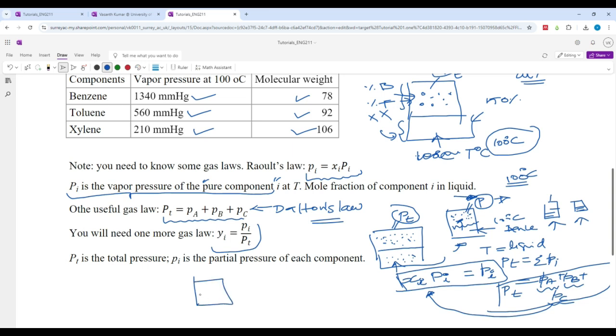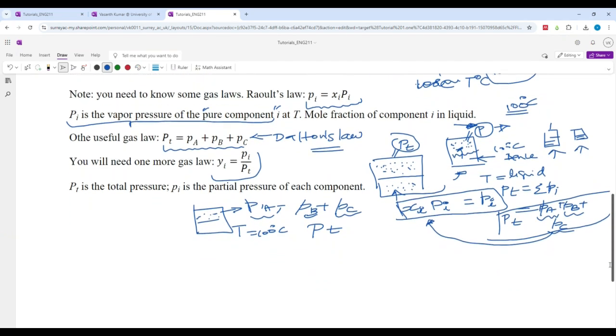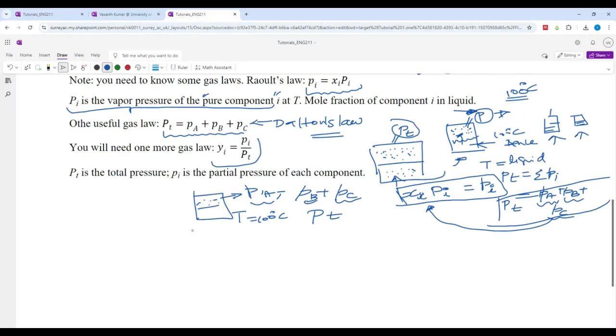If we have three components on the vapor side at a particular temperature T, in this case 100 degrees centigrade, and if we know the partial pressures p_A, p_B, p_C, and the total pressure P_T, then the ratio of the partial pressure of each component divided by P_T should give the mole fraction of each component in the vapor phase.